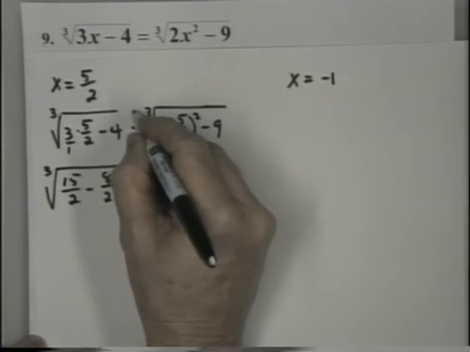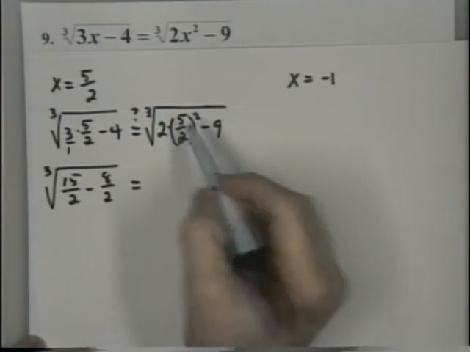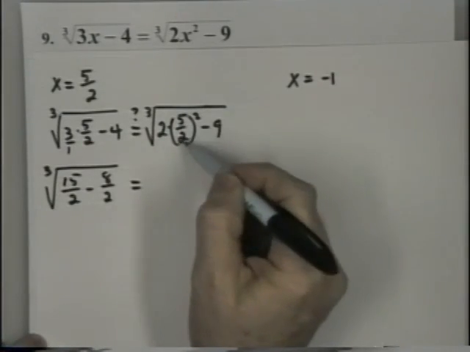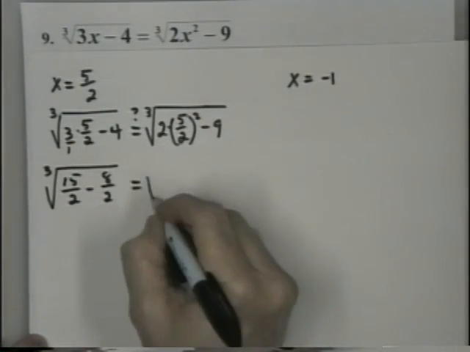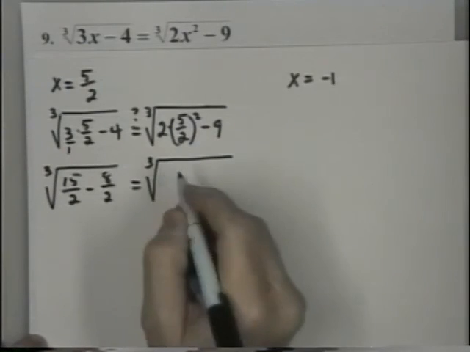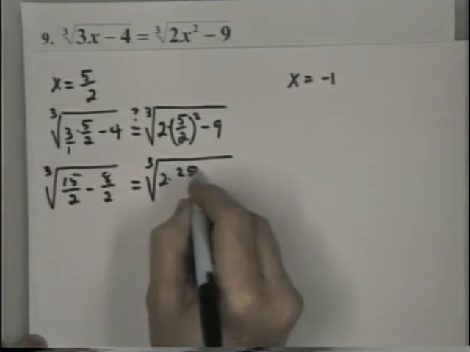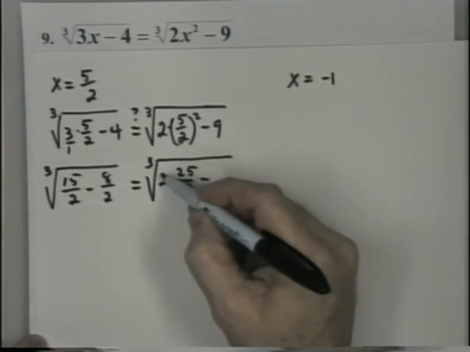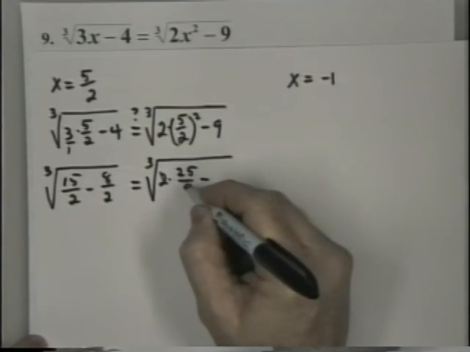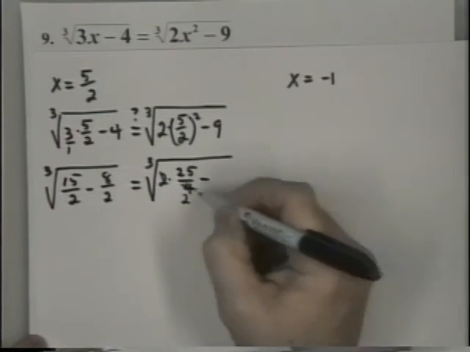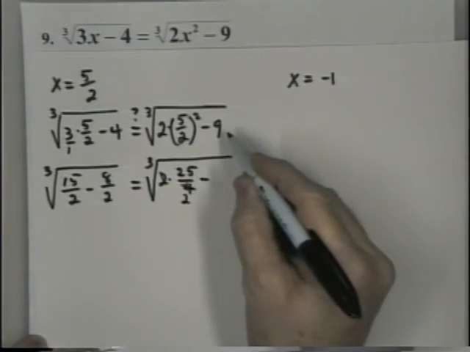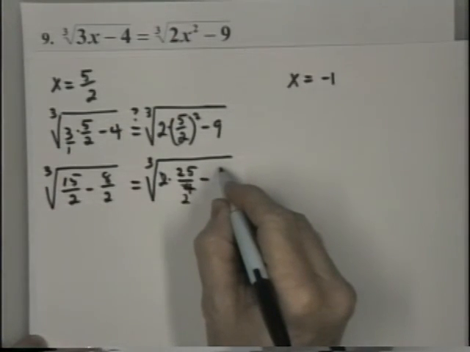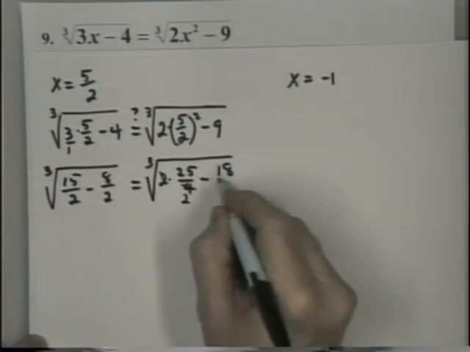And remember, this is a question mark. Over here, we've got a square first, so if you square that, you get 25 fourths. Be careful there in the order of operations. So that's 2 times 25 fourths minus, well, I can see what's going to happen here. I'm going to divide out, and I'm talking about 25 halves, so change that 9 not to fourths but to halves, which is 18 halves.